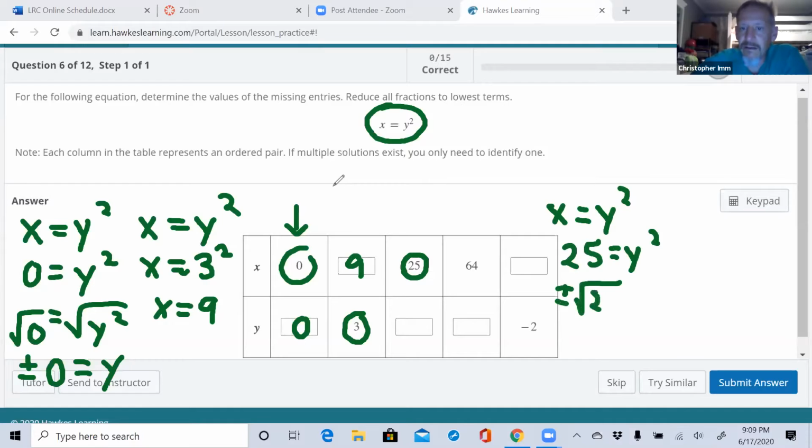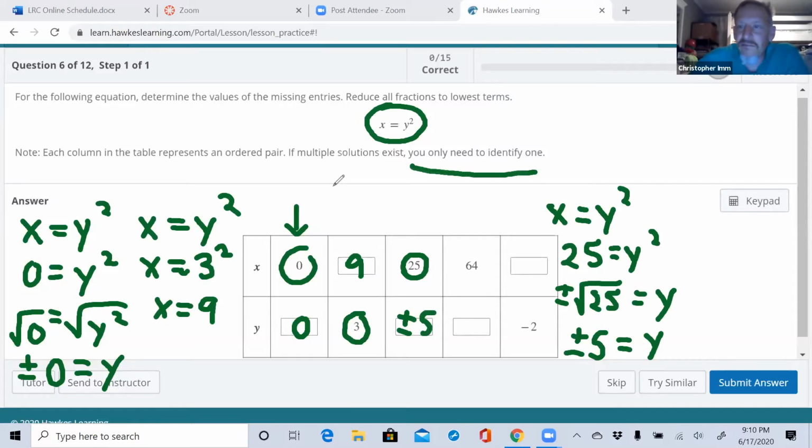So the square root of y squared is the absolute value, but I can just make it y if I take plus or minus square root. And this is going to be plus or minus 5. So I'm going to actually get 2 values out of this answer. It says you only need to identify one. So for the software, you could plug in either one, but in reality, you would get 2 values there.